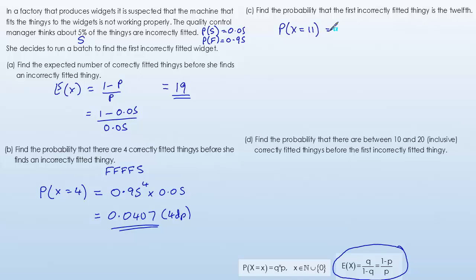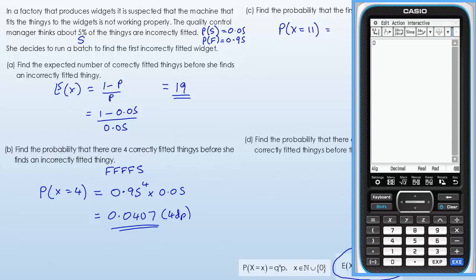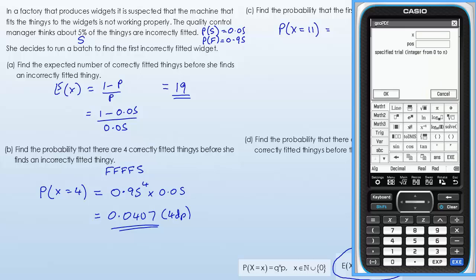Now clearly we could very easily use the formula, but does the calculator have a feature that enables us to do this? Well, yes it does, but we have to take a bit of care with this. If we go for the geometric PDF, that means probability density function, that's the one we use when we just want a single value.